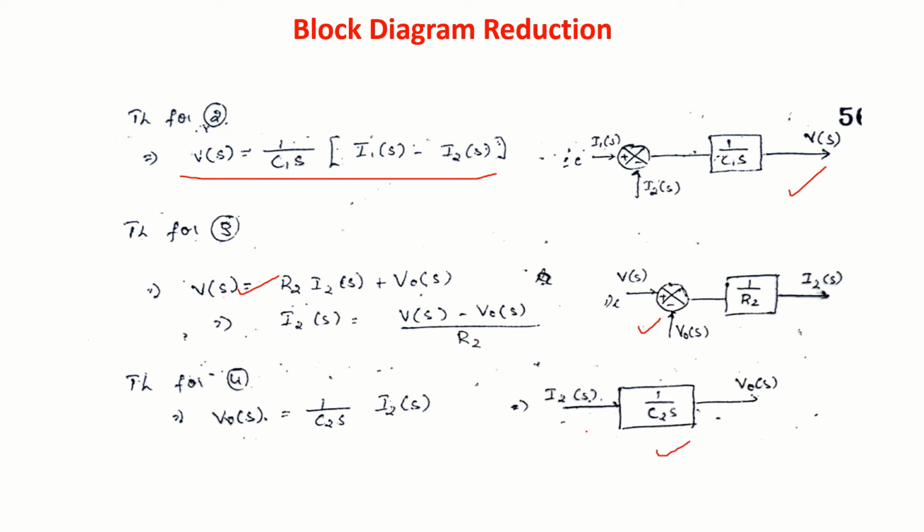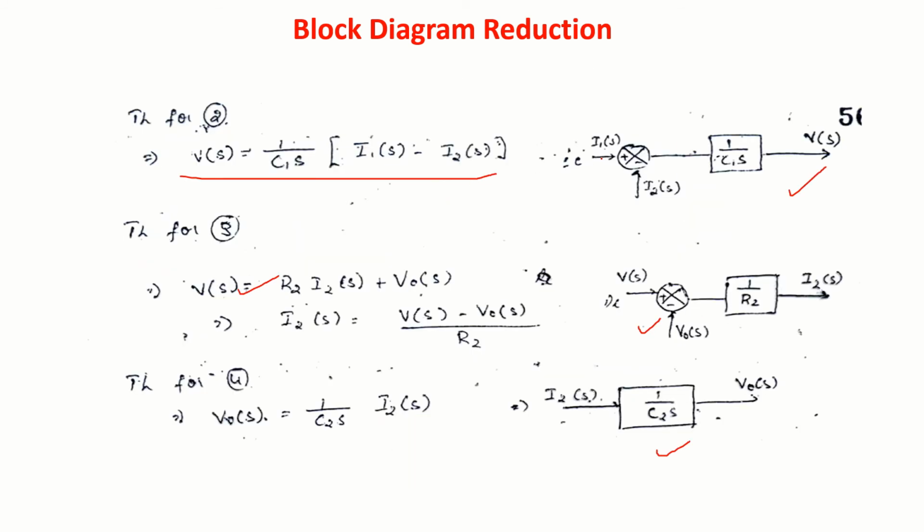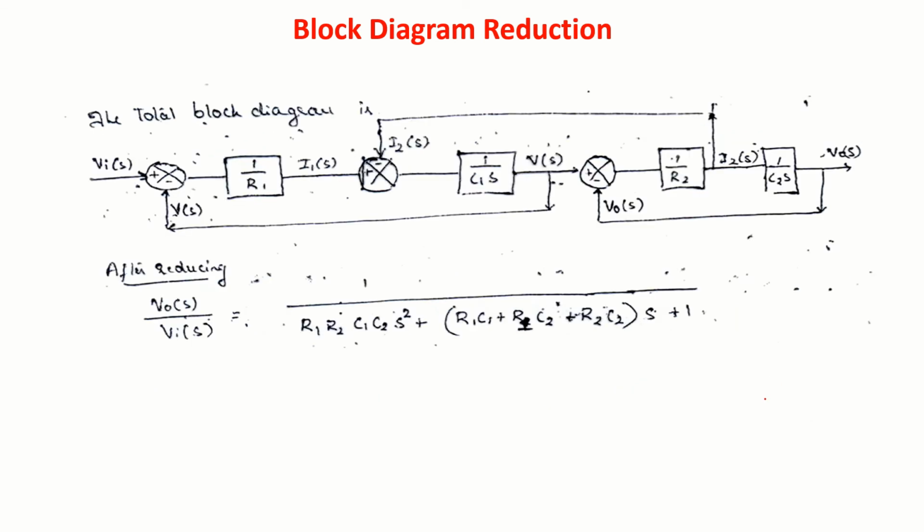There are no summing point. Now what we can do is take this I1 of s is the output, then we can connect here. V of s is the output, we can connect here. Then this is I2 of s, I2 of s we can connect to V0 of s. Correct? Then the feedbacks can be connected like this.